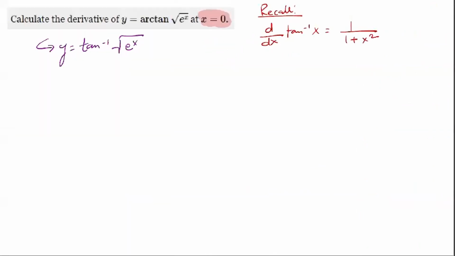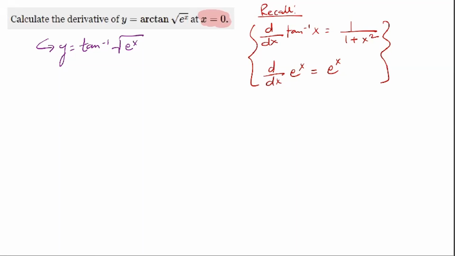And also we have e to the power x. What is the derivative of e to the power x? That is also e to the power x. So these are the two formulas we're going to use, and a couple of other rules like the chain rule. Okay, so let's begin.